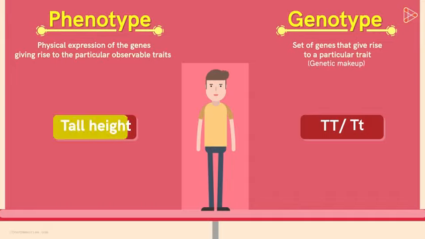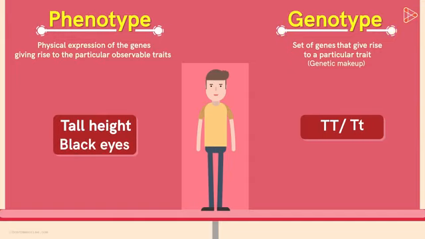So, the trait that's visible to us is the phenotype, and what genes the organism has for that trait is the genotype. For example, if this boy has black eyes, then the eye color seen by us is the boy's phenotype, and the genes that he has inherited from his parents, which are not seen by us, are a part of his genotype.